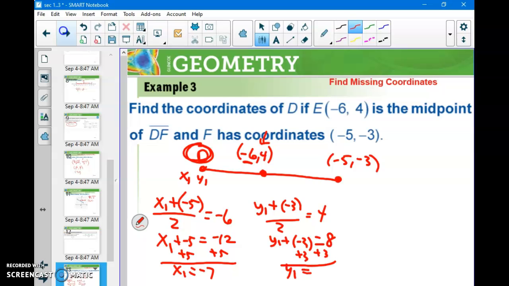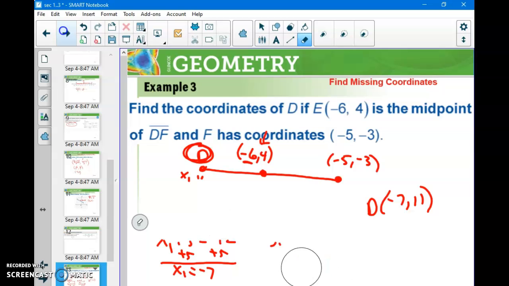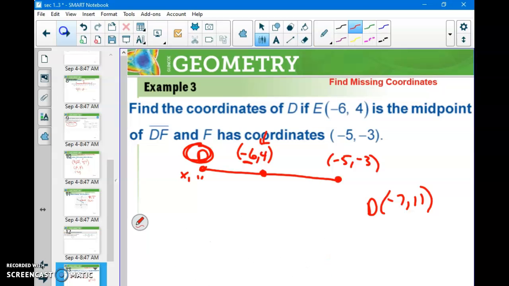I get y1 is at 11. So the point of the other endpoint, we'll call it D, is at negative 7, 11. Now, if you're not a big fan of solving equations, there is another way to get to those answers. And I'm going to show you the second way now.